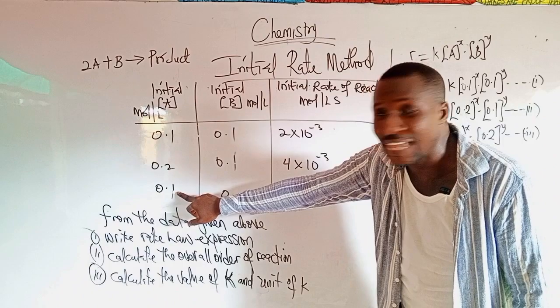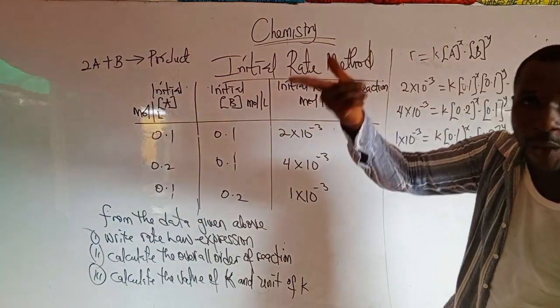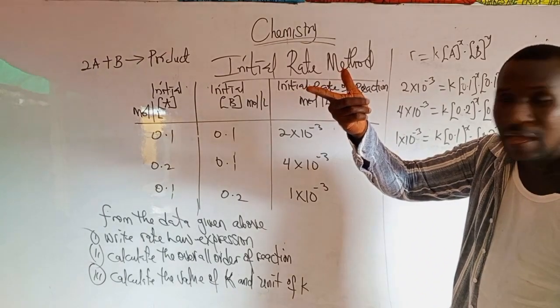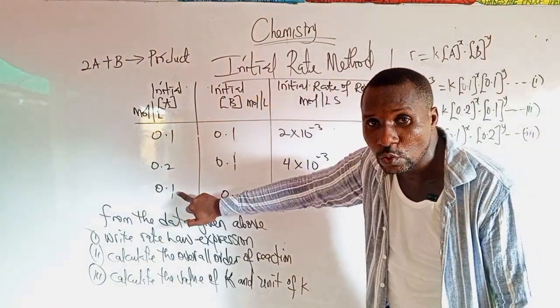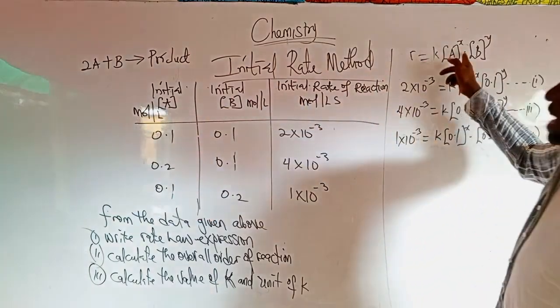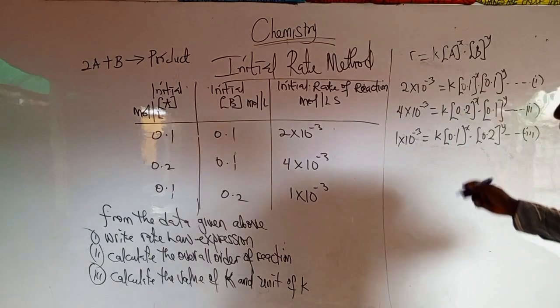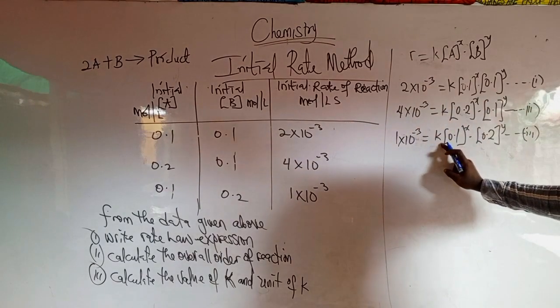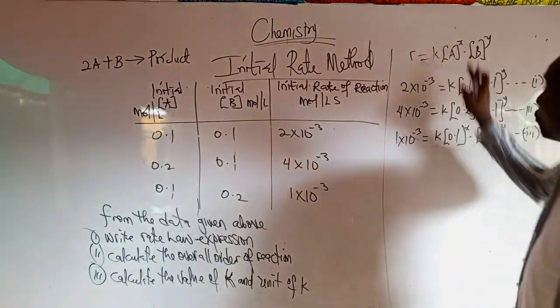Experiment 1 and experiment 3, they have the same value under A, so that I can eliminate X to get Y.